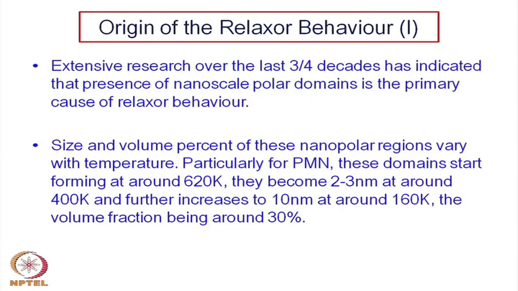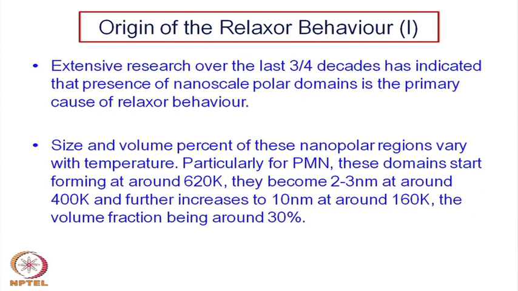The next thing is, what is the origin of this particular property? The so called diffuse phase transformation, and then you have a glass like structure and so on. So, what is the basic difference for the internal structure of the normal perovskite and the relaxor ferroelectric?